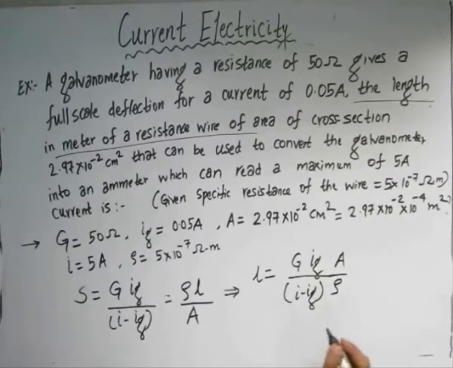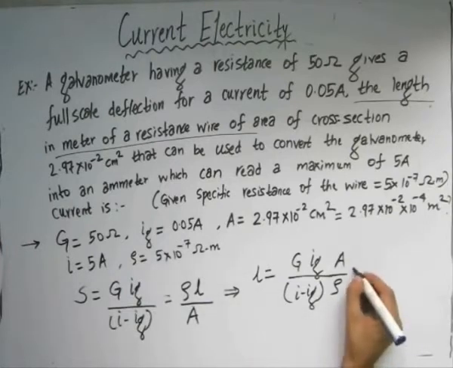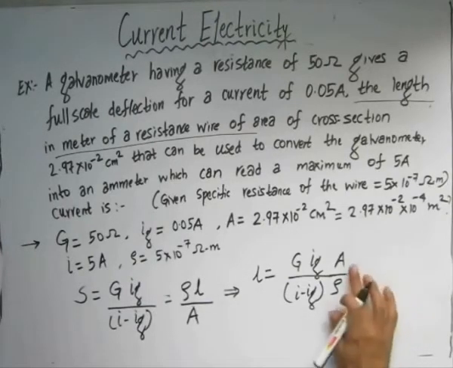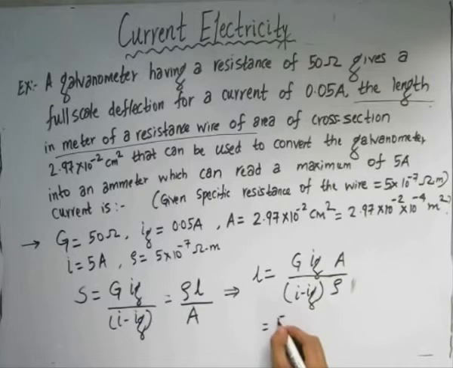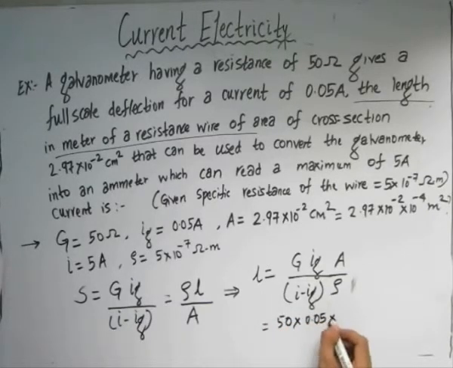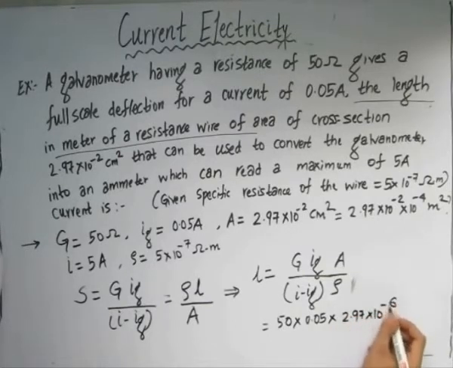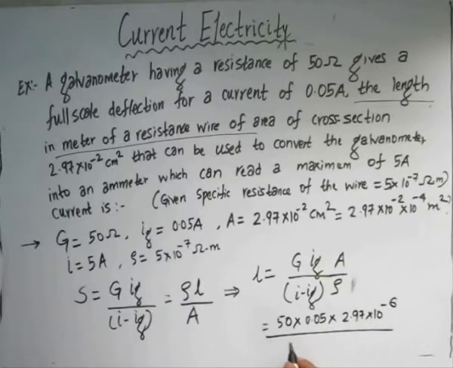Now if we substitute the values, I minus Ig would be 4.95 amperes, specific resistance 5 into 10 to the power minus 7.